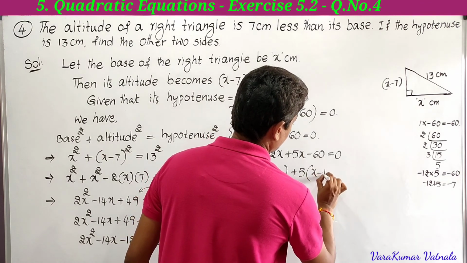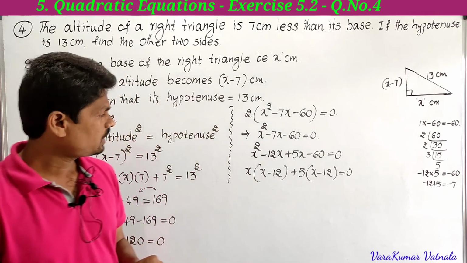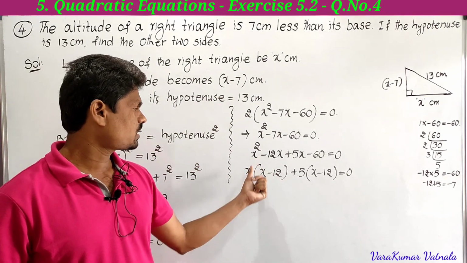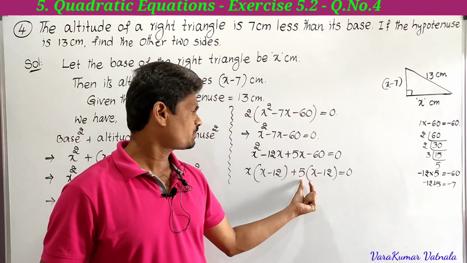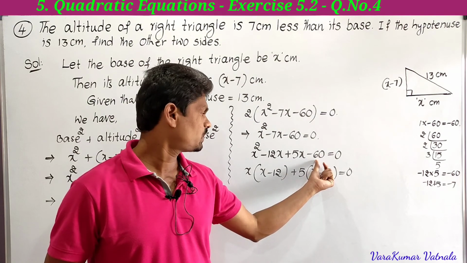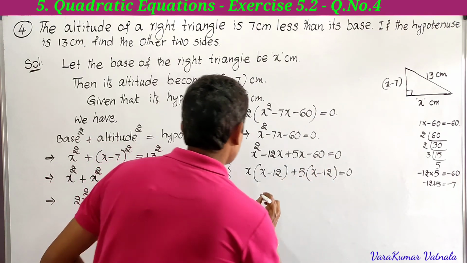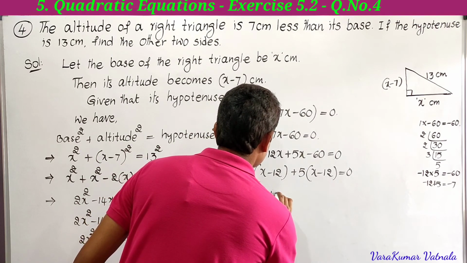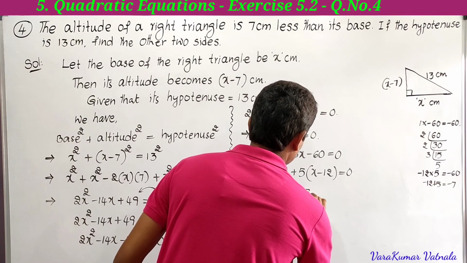So here we get x minus 12 again. 60 can be written as 5 into 12, so 5 is common, and 12 is there. So totally x minus 12 is common. (x minus 12) into (x plus 5) is equal to 0.